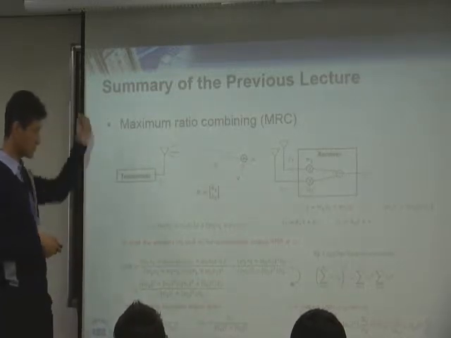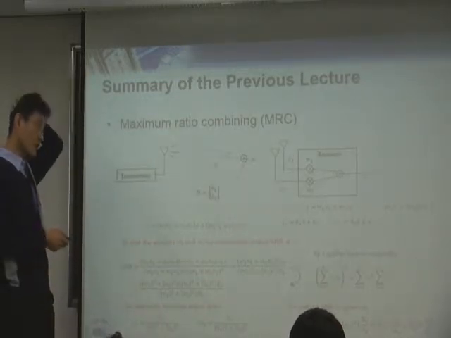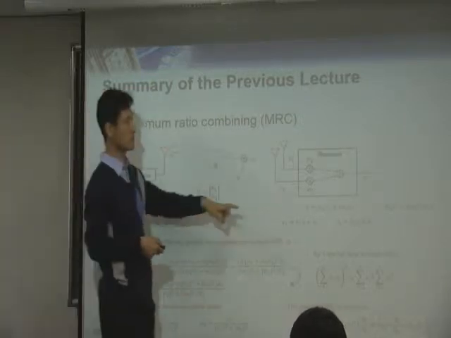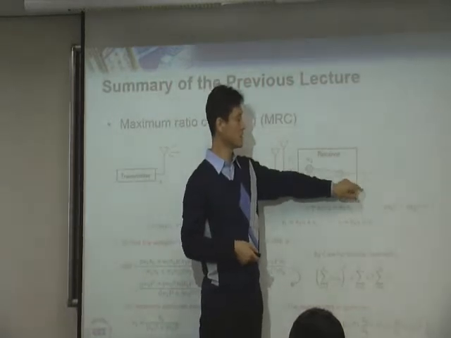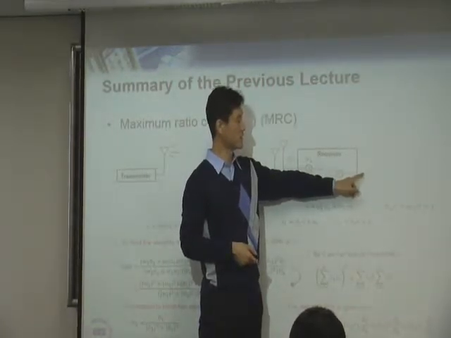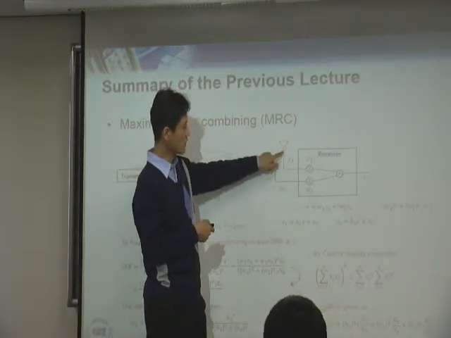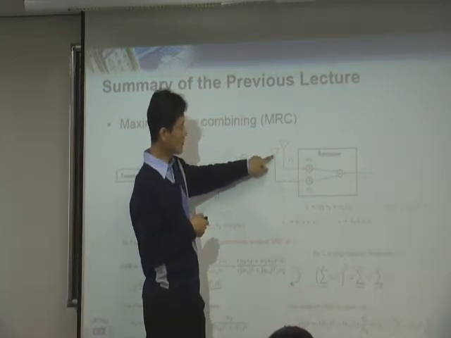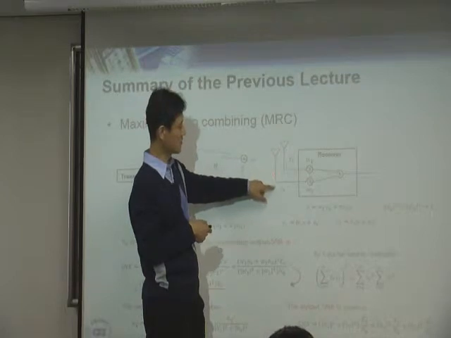The goal here is that we want to maximize the SNR right here, the signal-to-noise ratio. We have a signal-to-noise ratio of the first antenna signal, and we also have one from the second antenna.